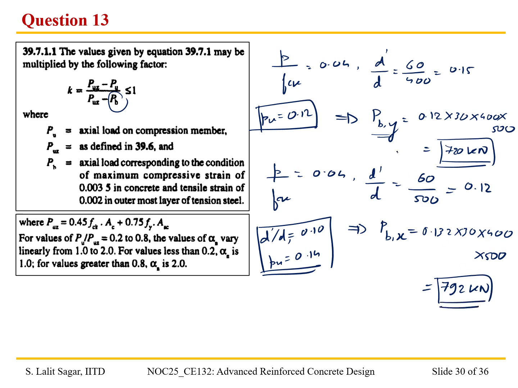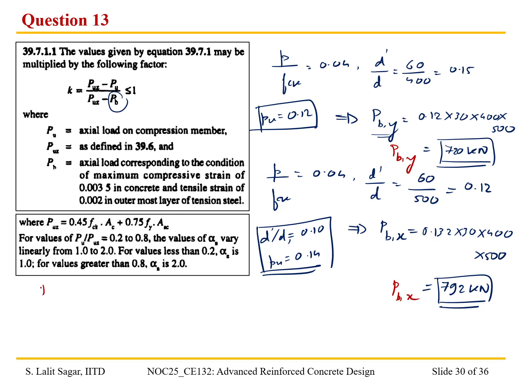Okay, so we have the value of PBY and PBX. Okay, let me write down those values. PBY and PBX. So from that we can find out the value of the K over here. Okay, and before that we need to find out the value of PUZ.